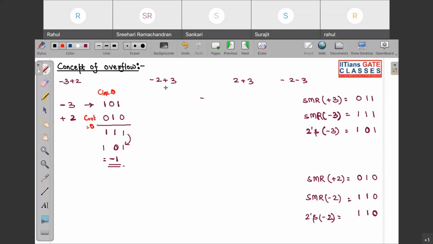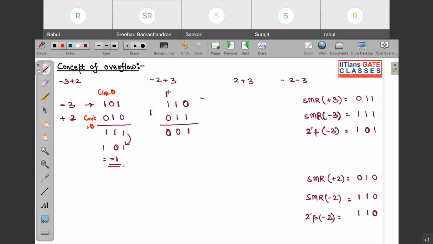Now next come to the second case, that is what? -2 plus 3. So that will be what? -2 is given by 1 1 0 and plus 3 is given by 0 1 1. Add these 2, so this will be what? 1 plus 1, look, 0, carry 1, 1 plus 1, it is what? 0, again carry over here is 1.